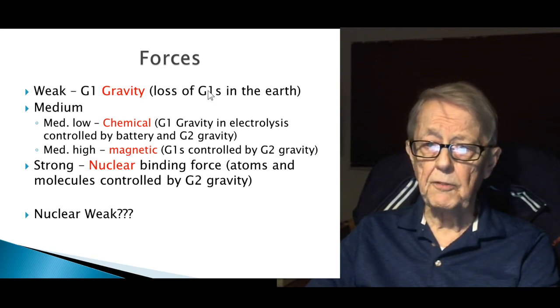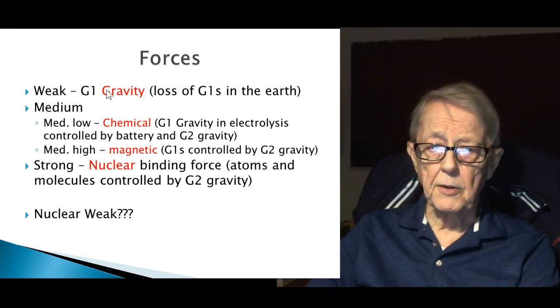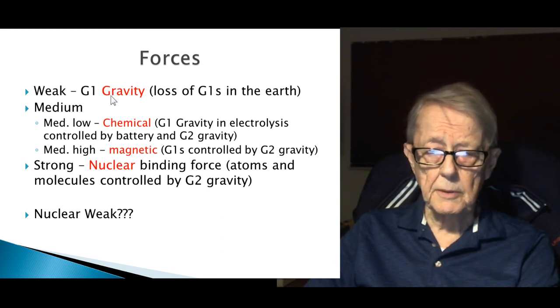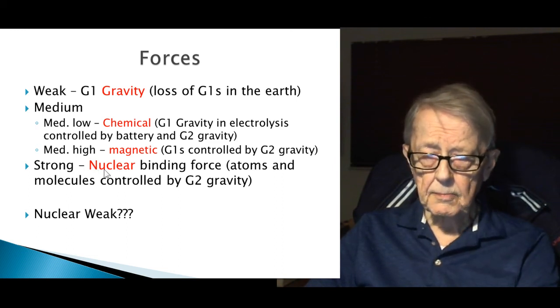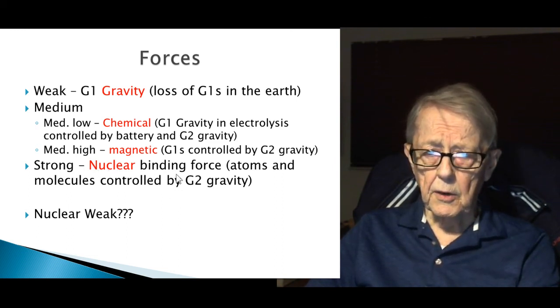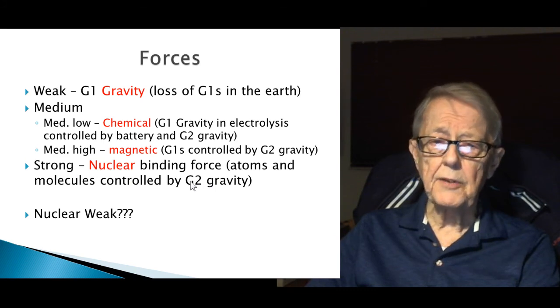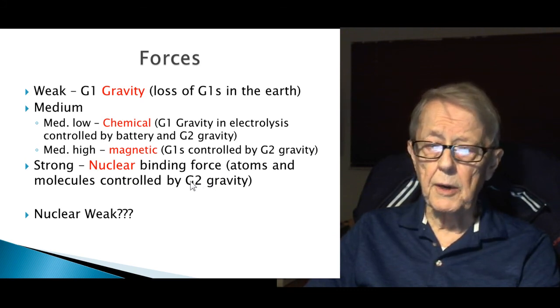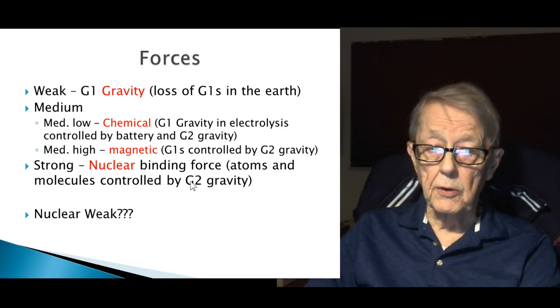You have a G1 field passing through the Earth, you get scattering, and you have loss of G1, setting up a G1 gravity field around the Earth. Very simple gravitational process. Strong nuclear force is controlled by G2 gravity. G2 gravity keeps the nucleus together, keeps the G1 orbiting around the nucleus, and that's the strong nuclear force.